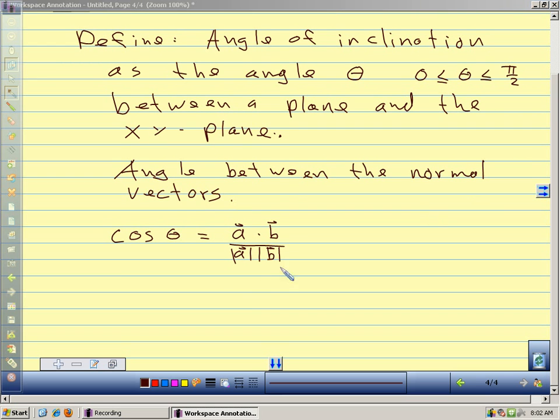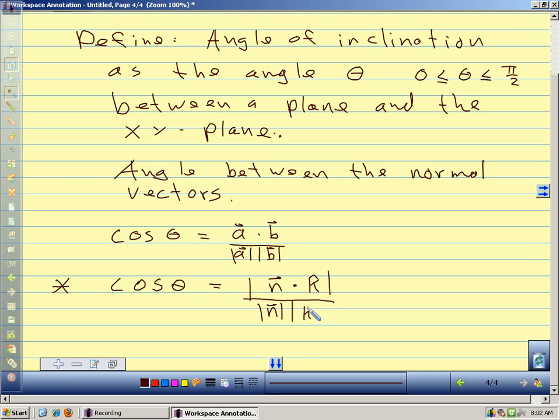So our angle of inclination is going to be given by the cosine of the angle, and we're going to do absolute value because we want our angle to be between 0 and pi over 2. The absolute value of n dot k hat over the length of n.